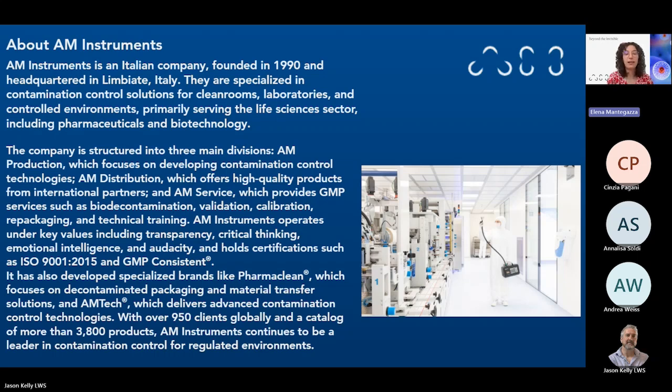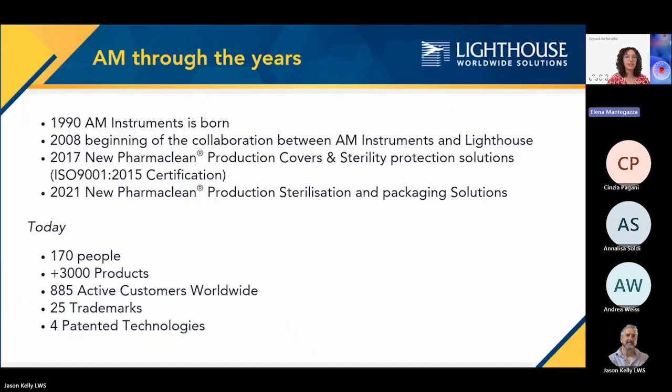In the next slide, I want to have an overview of AM through the years. So AM was born in 1990. In 2008 begins the collaboration between AM Instruments and Lighthouse. Then in 2017, the new Pharmaclean production of covers and sterility protection solutions.